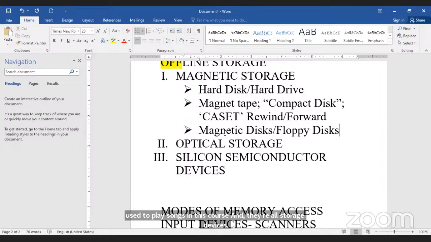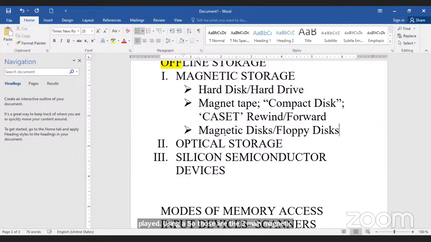On the surface of those disks, when you put them on a kinanda, they induce current on the kinanda so that the songs that are stored there are able to be played. So those are the three main magnetic storage devices.